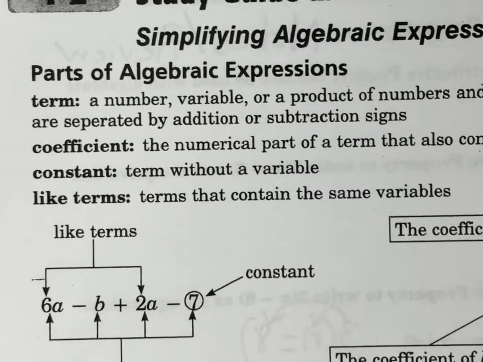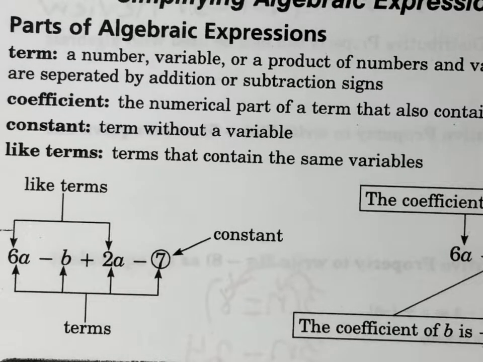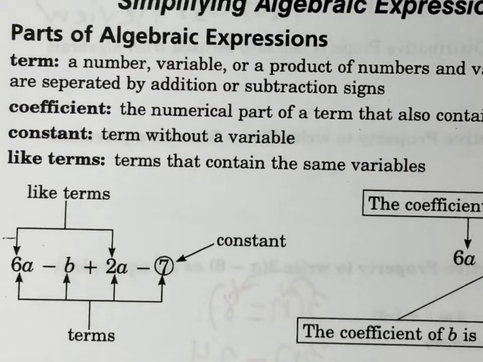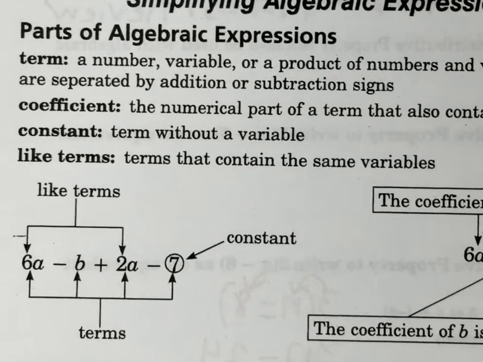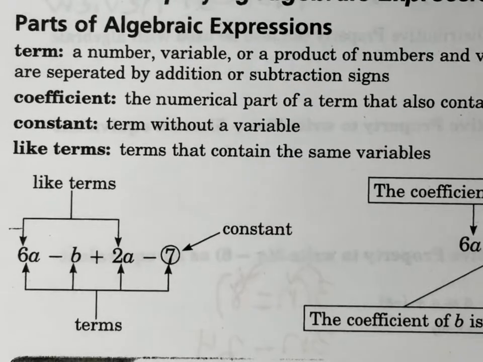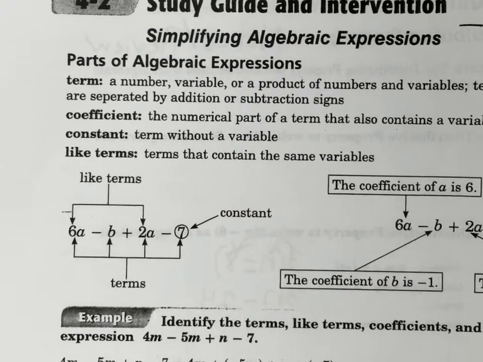All right, so we've got 4 vocab words. Some of them you were introduced to a couple months ago, first couple weeks of school. So we've got term, coefficient, constant, and like terms. So a term is a number, variable, or product of numbers and variables.